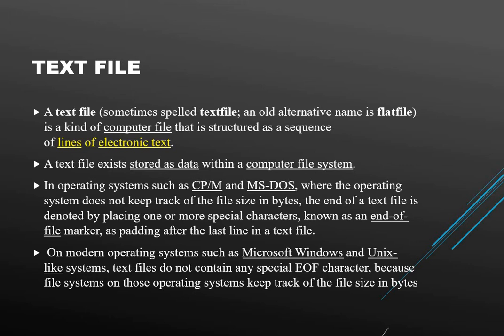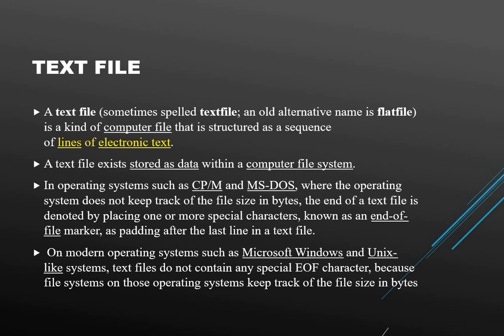I've written one material, and I've loaded it in Google Classroom as well, so you can read that material about the characteristics of both text files and binary files. However, we can just see here what a text file is.